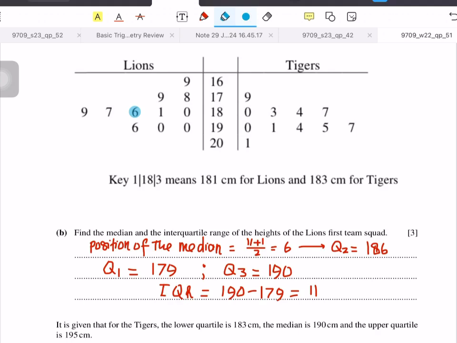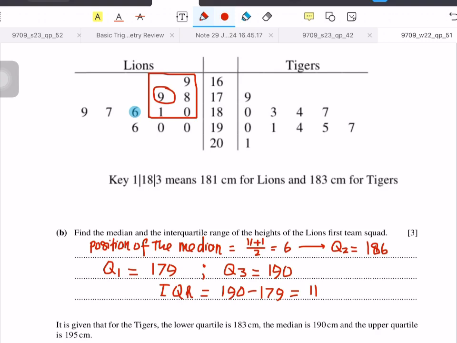And then to find Q1, now you have to find the mid value of the data below the median. Below the median, we have 5 data. The middle data is this one. So the Q1 is 179. Do the same thing with the data above the median.